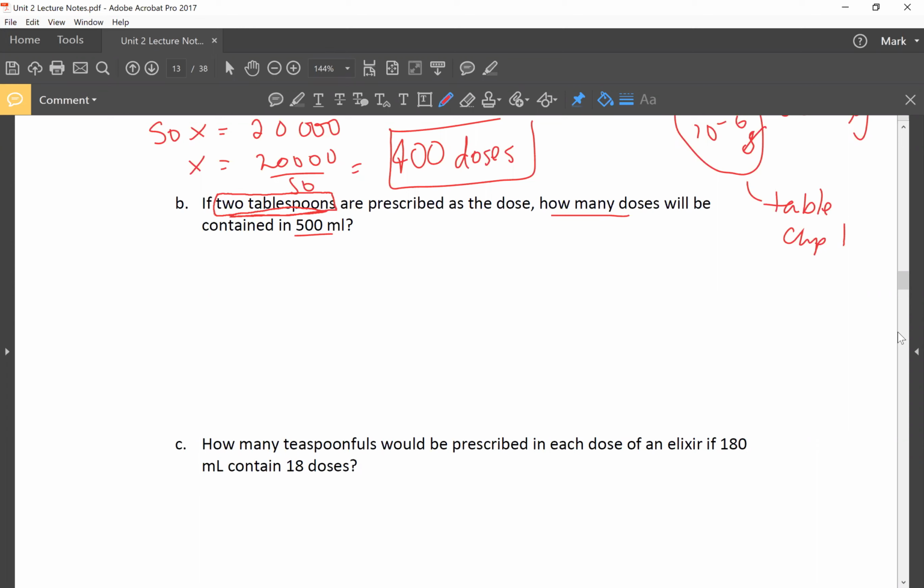Well, first things first, 2 tablespoons. I want to figure out what that is in milliliters. Remember, we need to use the same units. So how many milliliters are in 2 tablespoons? Well, 1 tablespoon is 15 milliliters, so 30 milliliters is our dose.